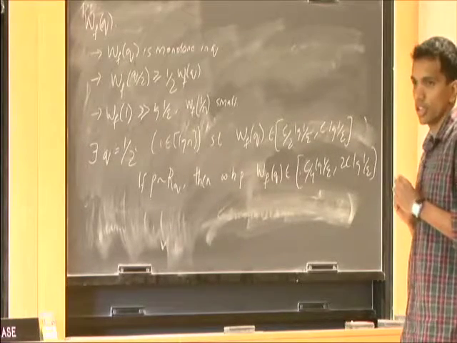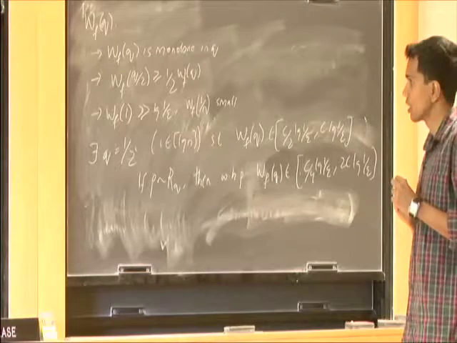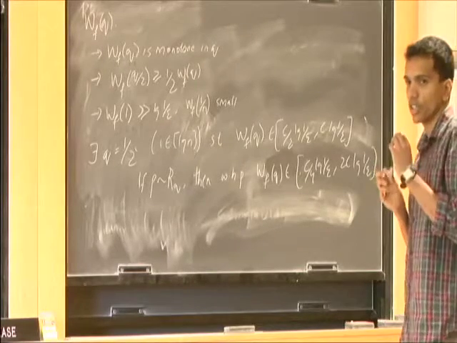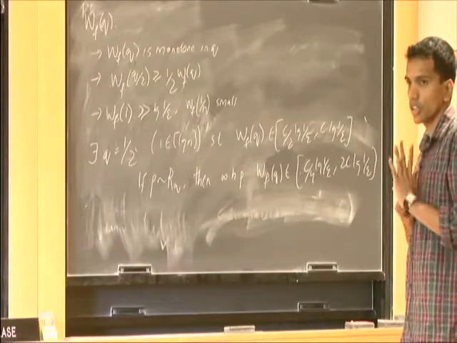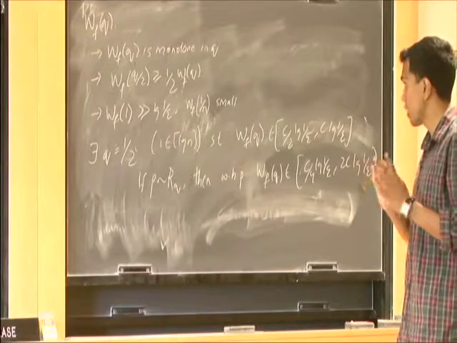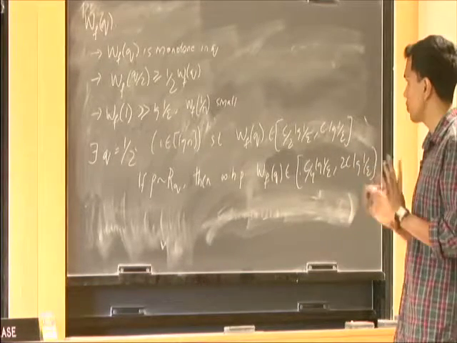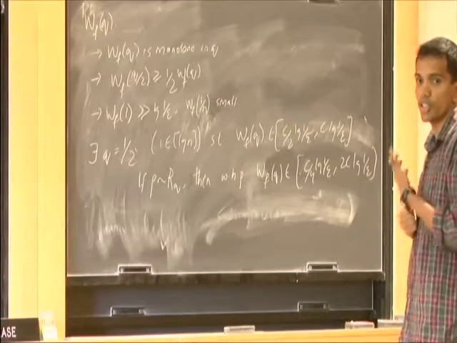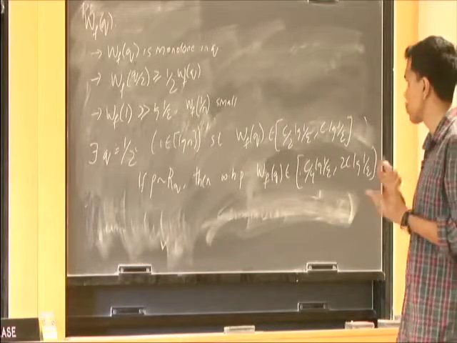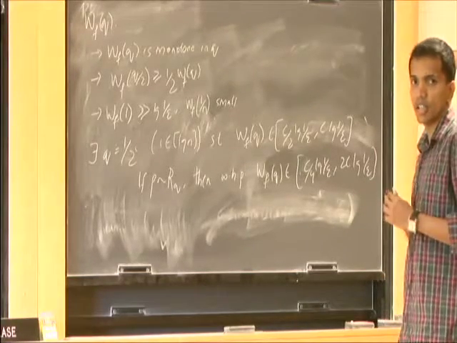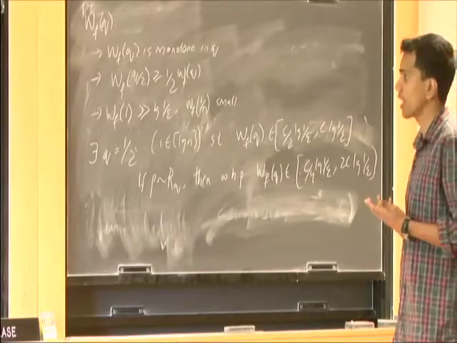Exactly. Good. Great. So right. So exactly. So what Avi is saying is that of course the problem with this strategy is that you're using a lot of bits to choose your random restriction to begin with, but you don't really need all that many random bits.